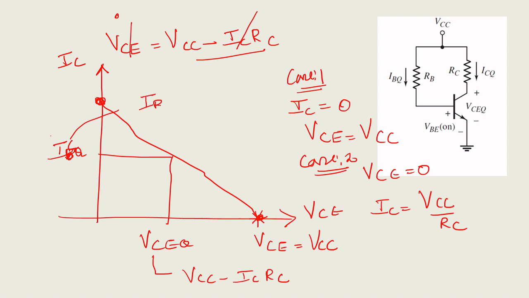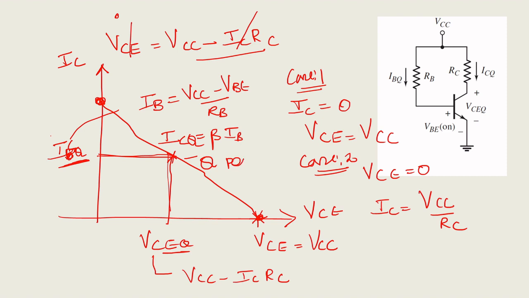We know that IB equal to VCC minus VB by RB. Once you know IB, IC equal to beta times IB. So that is your ICQ. Now you have the ICQ point, and you know the VCQ point. Now plot here, and connect. That is called the Q point.